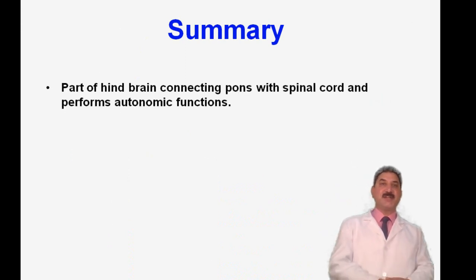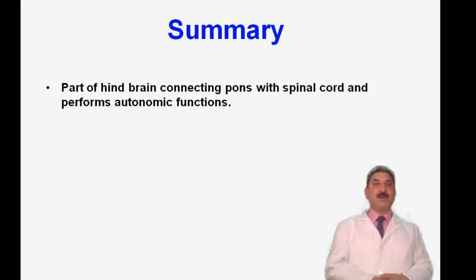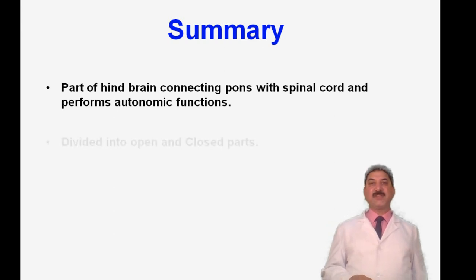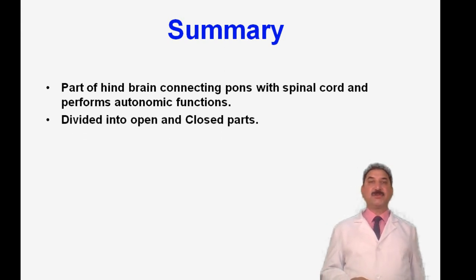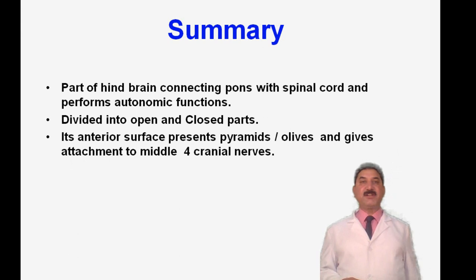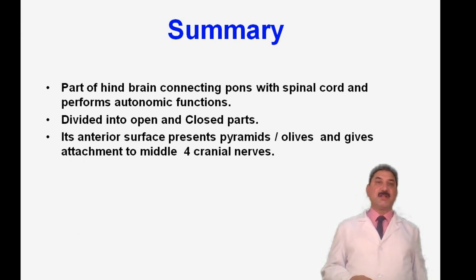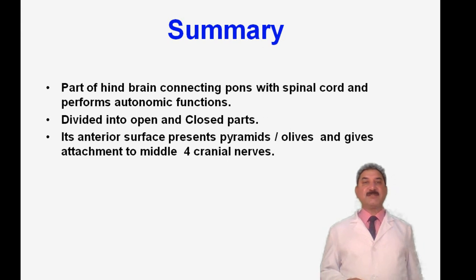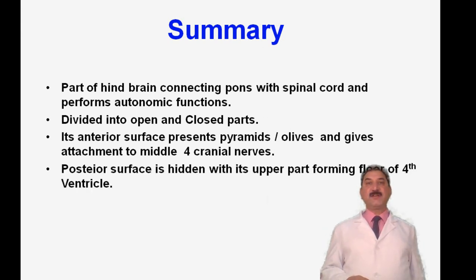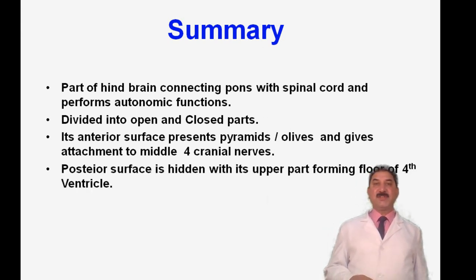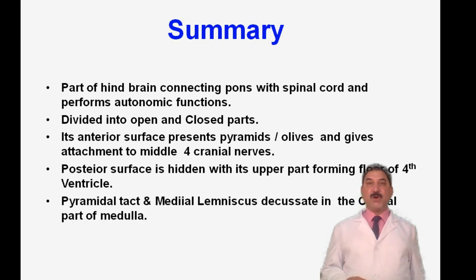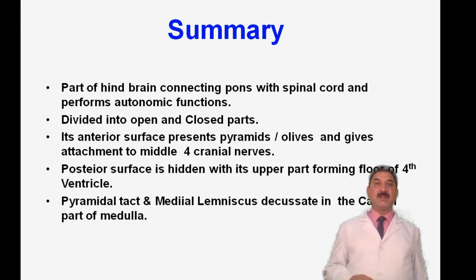I want to summarize my lecture. The medulla oblongata is part of the hindbrain connecting the pons with the spinal cord and performs autonomic functions. It is divided into open and closed parts. Its anterior surface presents pyramids and olives and gives attachment to the last four cranial nerves. The posterior surface is hidden, with its upper part forming the floor of the fourth ventricle.